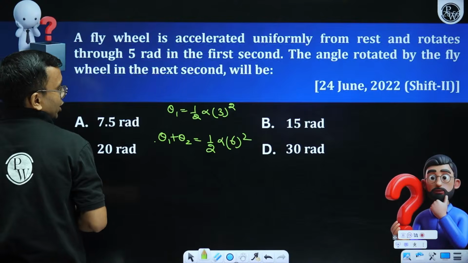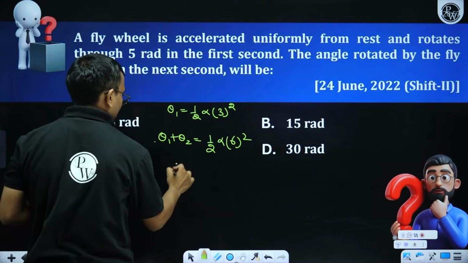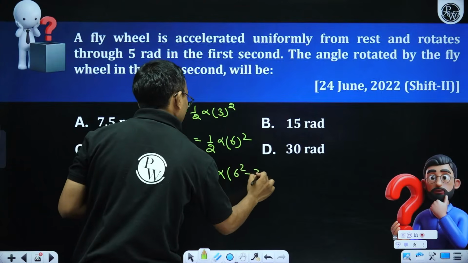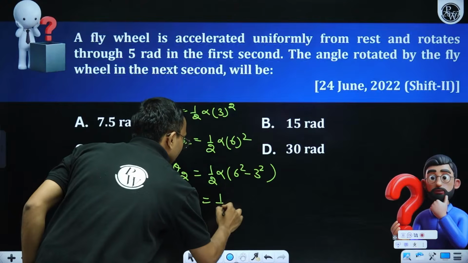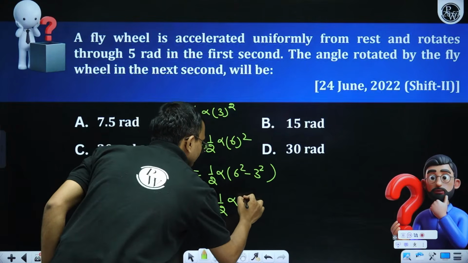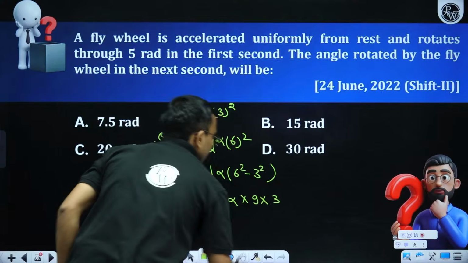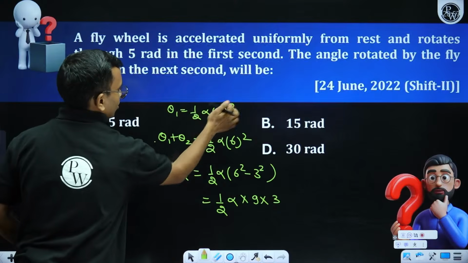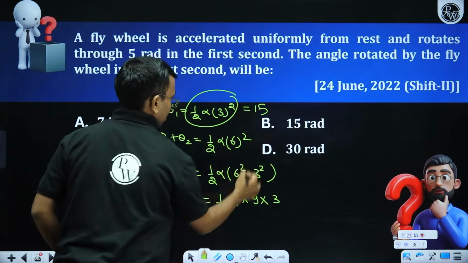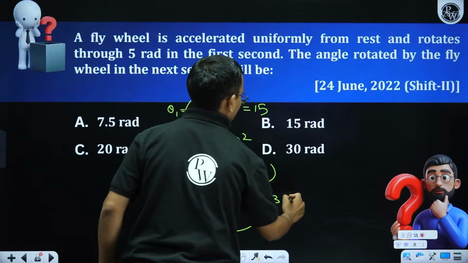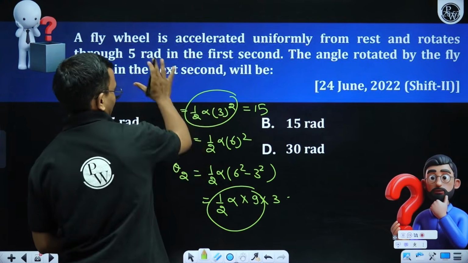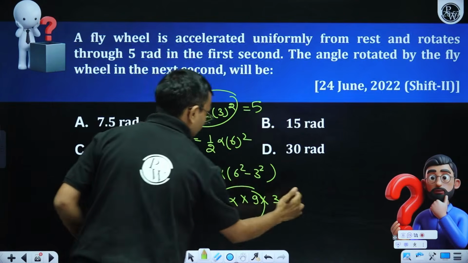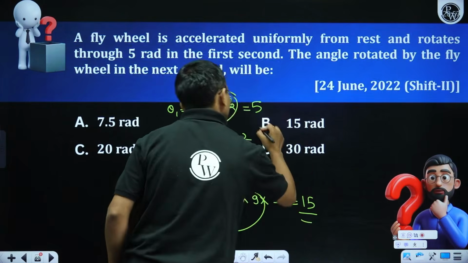We need theta 2, so subtract theta 1. Theta 2 equals half alpha into (6 square minus 3 square), which is half alpha, 6 plus 3 is 9, 6 minus 3 is 3, so it is 3 square into 3. Half alpha into 3 square was my 5, so this is 5 into 3, 15. The answer comes out to be 15 radian.